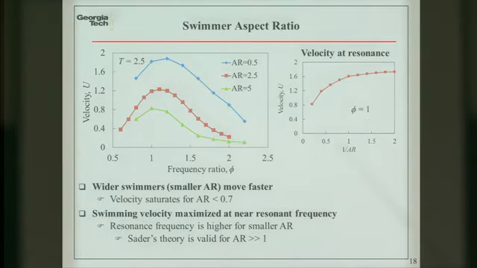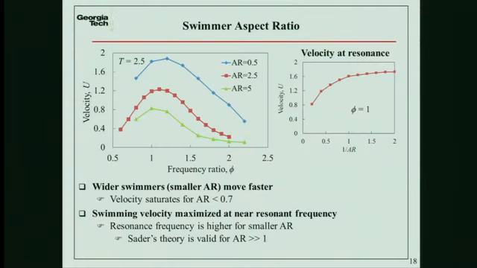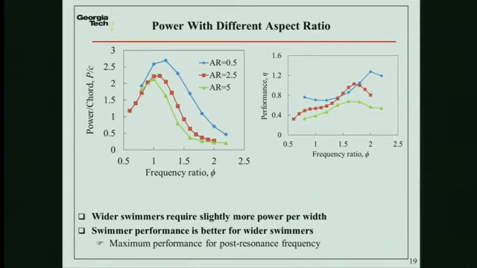This is 1 over aspect ratio, and if we go to maybe 0.7, so it's like 70% length over width of the swimmer, there's pretty much no benefit anymore. Okay, we can also look at power for this case, a little bit larger power, but overall performance is better for wider swimmers. Also, the benefit is not very significant.